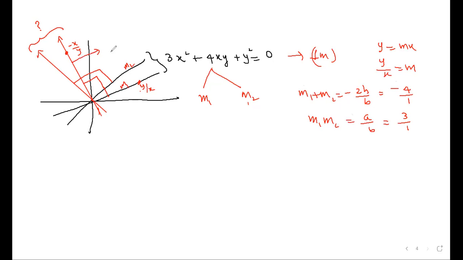So naturally the slope of this will be minus 1 by m1, and the slope of this will be minus 1 by m2. So they are separate equations: y equals minus 1 by m1 x, and y equals minus 1 by m2 x. I can cross multiply and make it like this.